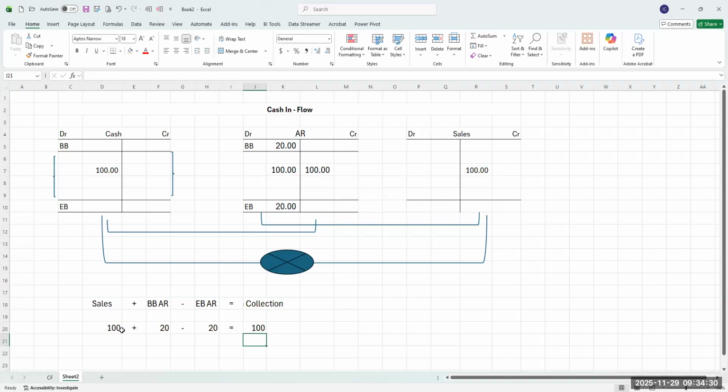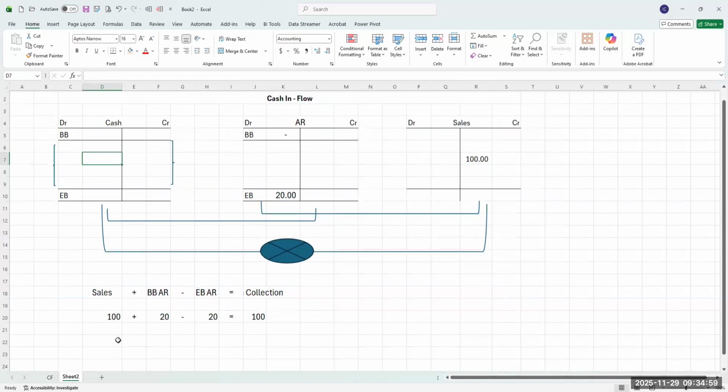Now let's see if this formula works. Let's change it a little bit. My beginning balance now is 0. My sales are 100. How much cash did I collect? Let's see.